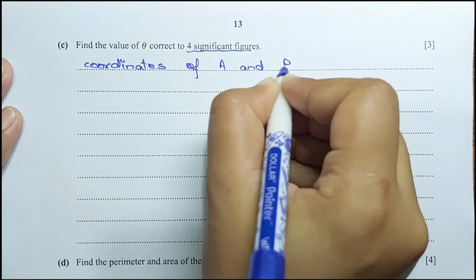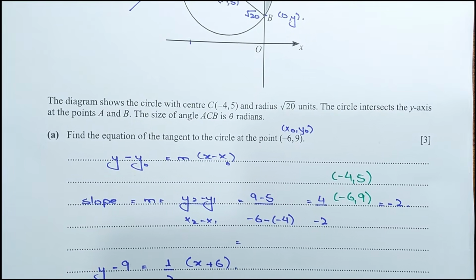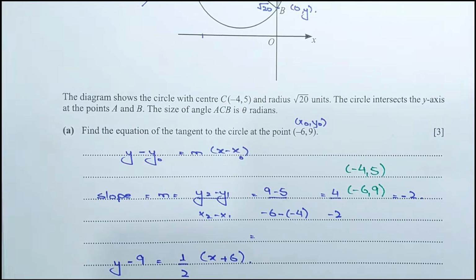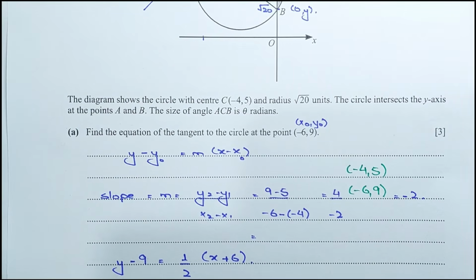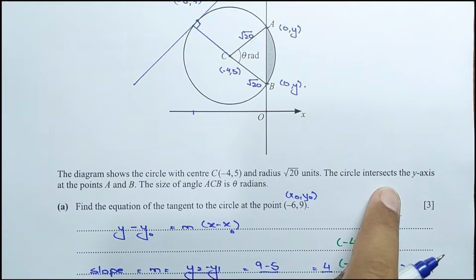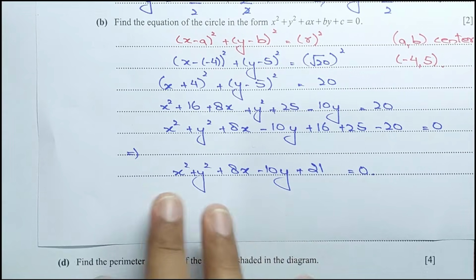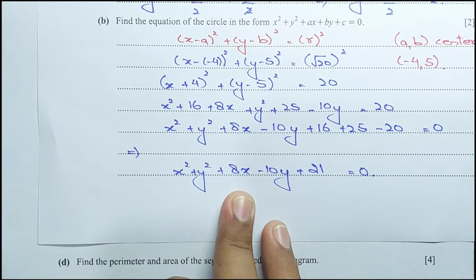As we know, the circle intersects the y-axis at points A and B. It means the x coordinate should be equal to 0. So x should be 0 in this equation of the circle.